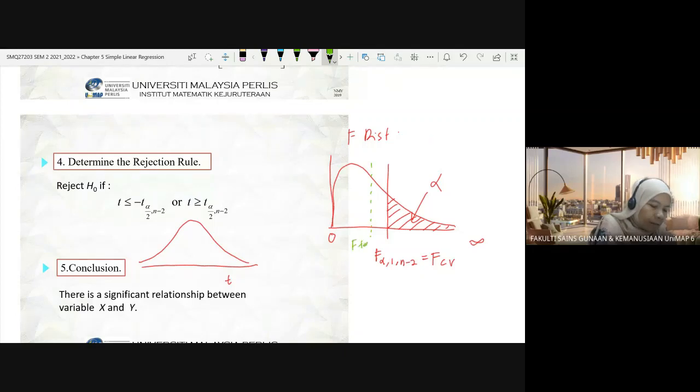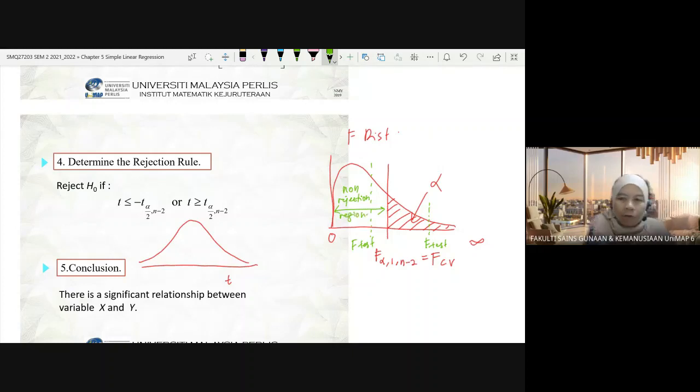Your F test could lie in this particular area, or it could be somewhere inside your rejection region, depending on the calculated F that you have got from your calculation. This is what we call the non-rejection region.